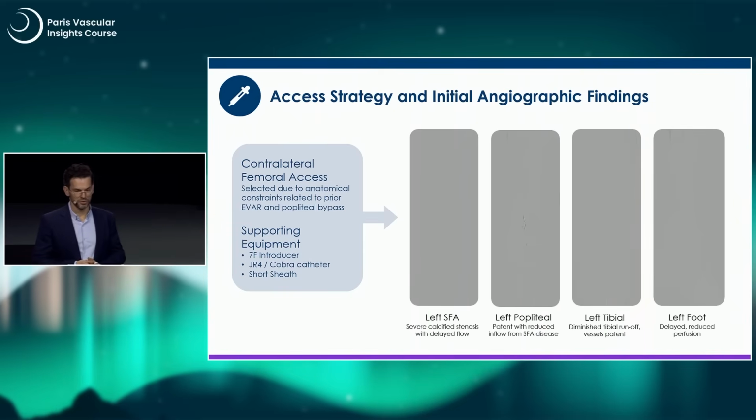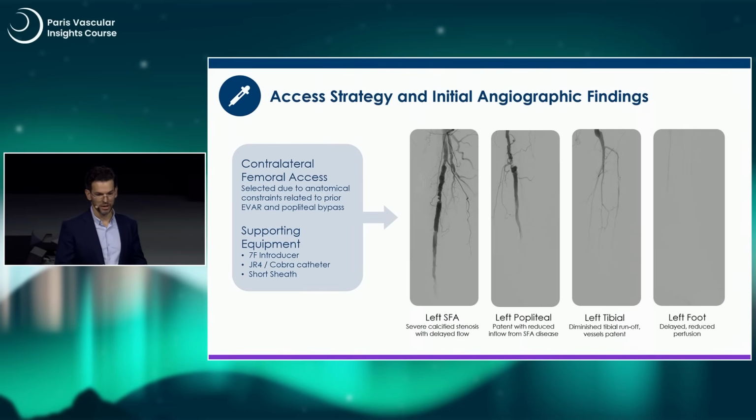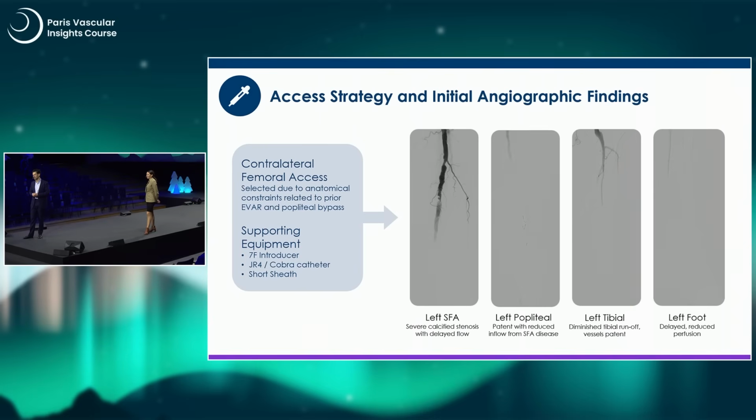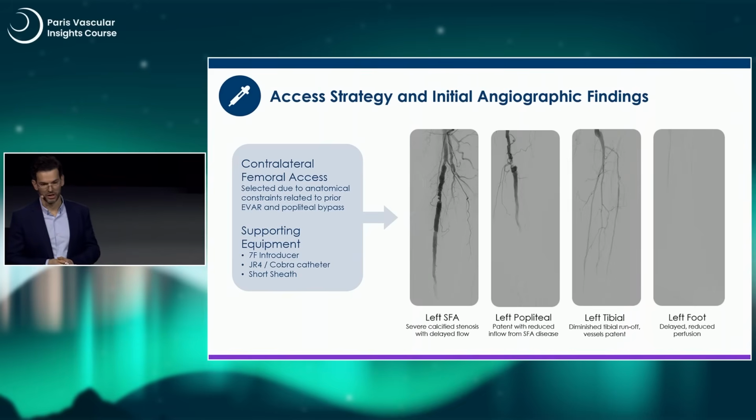As I mentioned, the access strategy was inevitably antegrade due to the endograft, and so we went antegradely, and this is the angiogram. You can see a very severe stenosis on the third part of the SFA. They were highly calcified on the CT scan, and eccentric, nodular, especially on the proximal anastomosis of the graft.